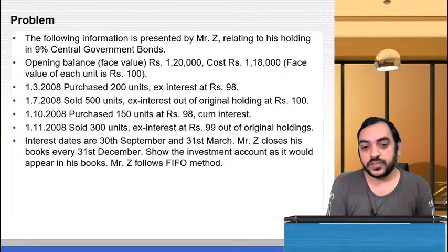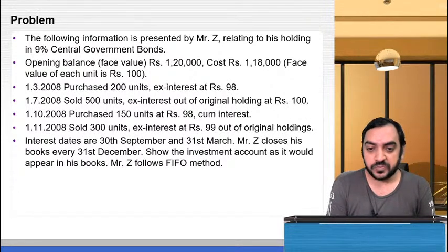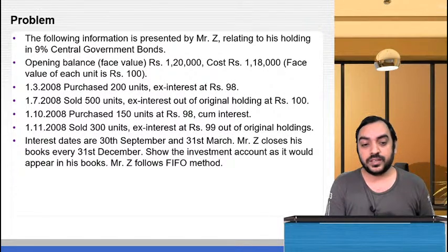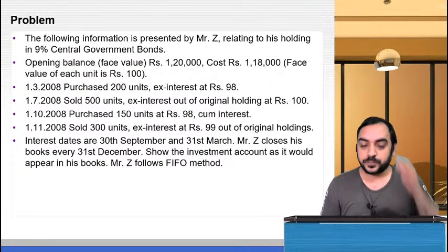Purchased 200 units, ex-interest at 98. Sold 500 units, ex-interest, out of original holdings at 100. Purchased 150 units at 98 cum interest. Sold 300 units ex-interest at rupees 99 out of original holdings. Interest dates are 30th September and 31st March. Mr. Z closes his books every 31st December. Show the investment account as it would appear in the books. Mr. Z follows the FIFO method.